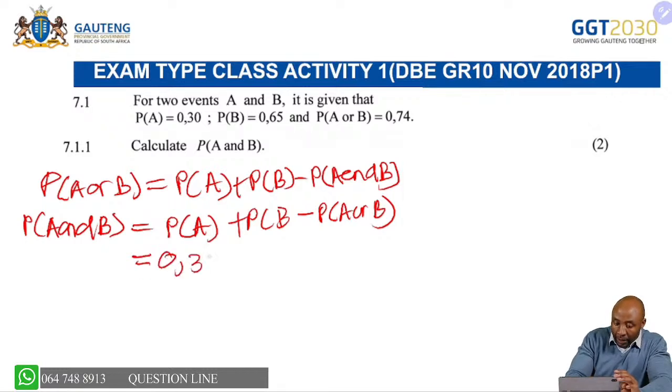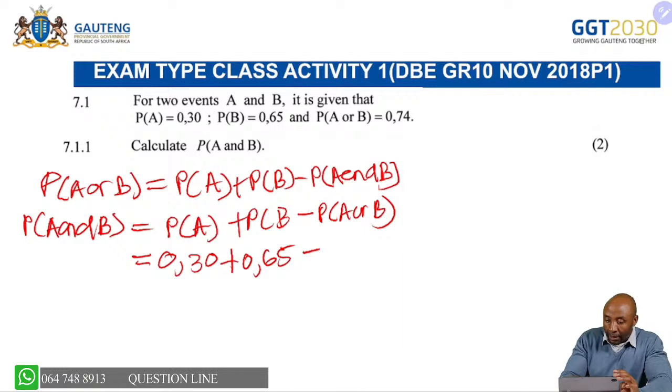Now, this one is a simple substitution to get an answer. We have 0.3 plus 0.65 minus the probability of A or B, which is 0.74.